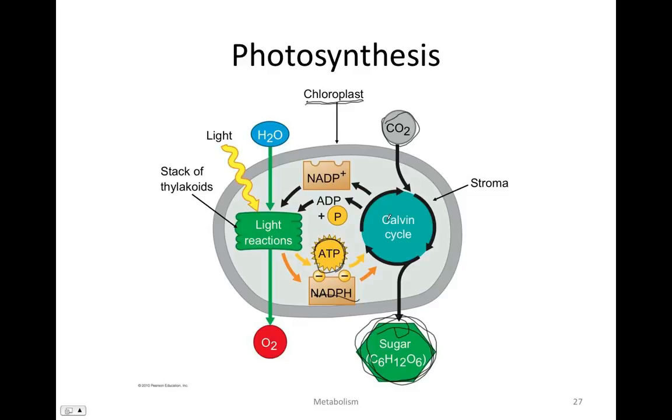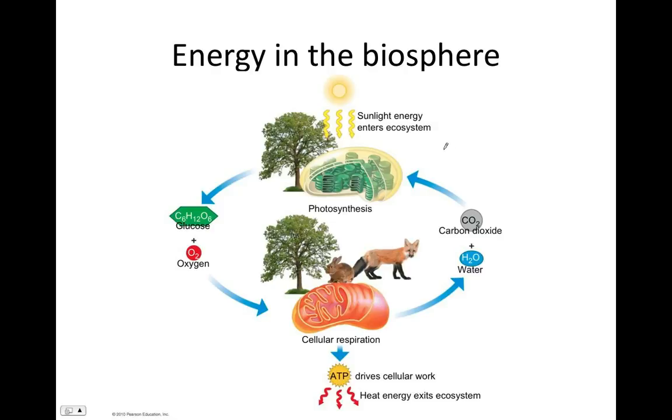It's basically the reverse of cellular respiration, but it can happen because we're putting in energy from the light. This means that there is in the biosphere an interrelationship between photosynthesis in plants and cellular respiration in not only plants but everybody else. Photosynthesis happens in the chloroplasts. Here you can see what the thylakoid membranes look like.